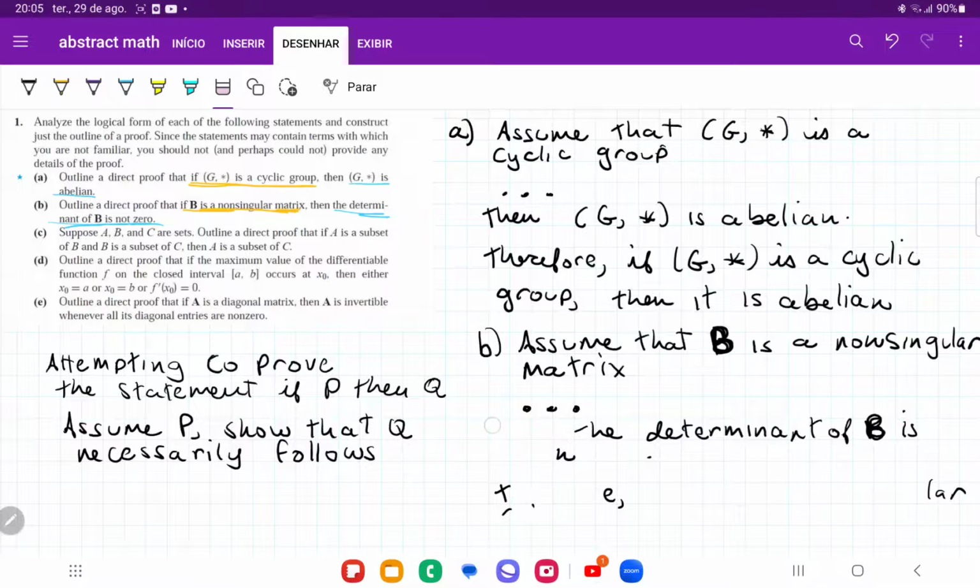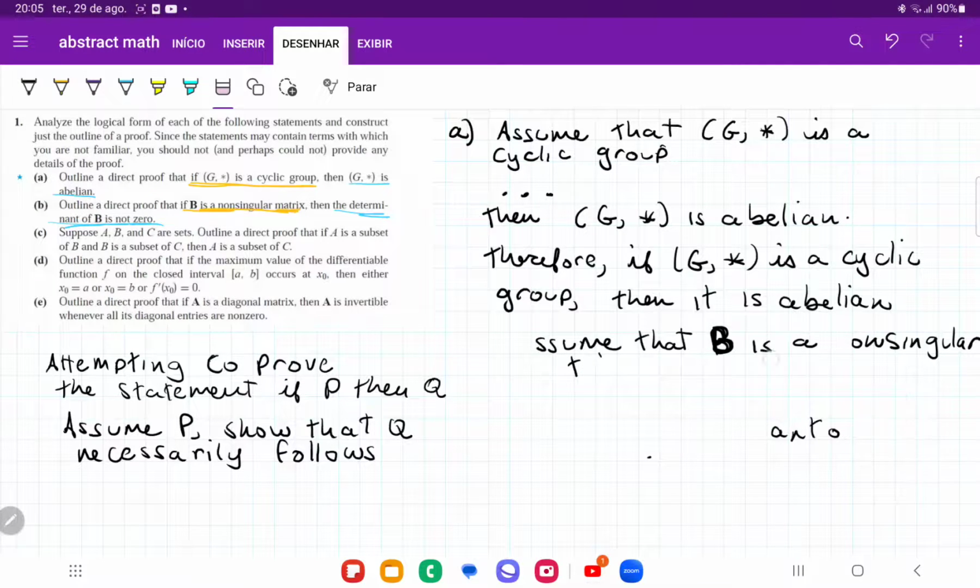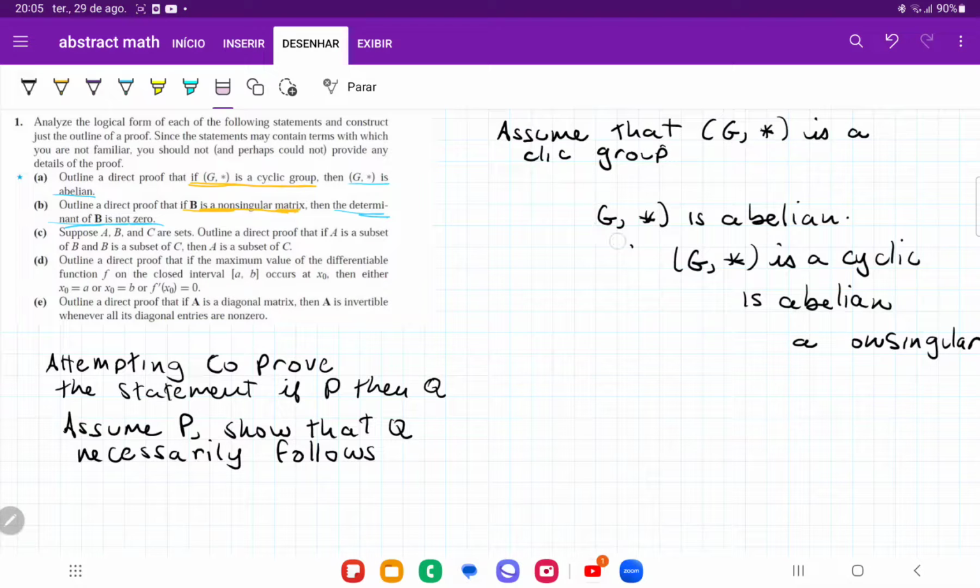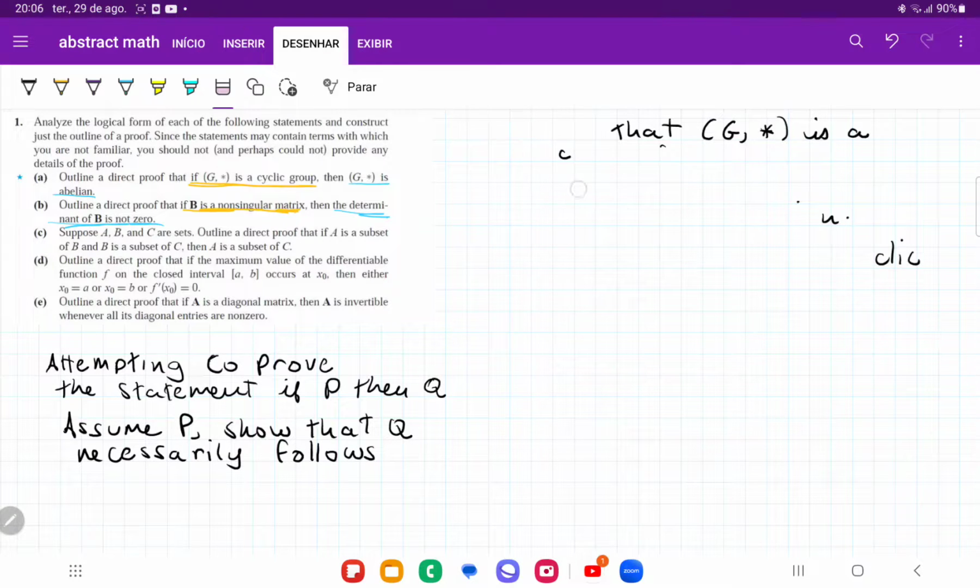So I'm going to erase all of this. And let's see, item C, what are we assuming? Well, we're assuming two things. We're assuming that A, B, and C are sets, and we're assuming that A is a subset of B and B is a subset of C. So that's our hypothesis, right?